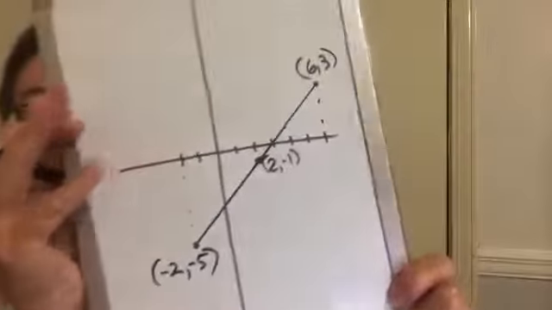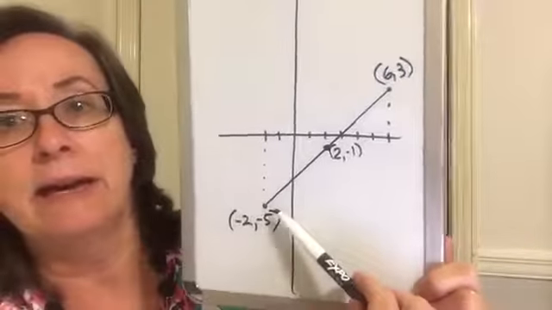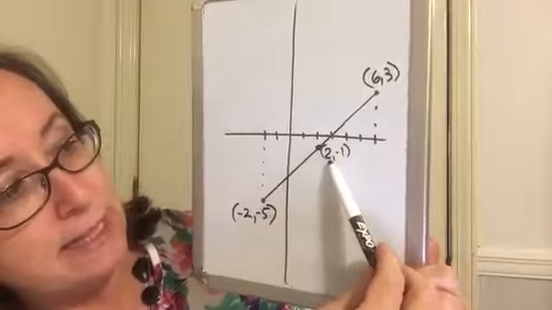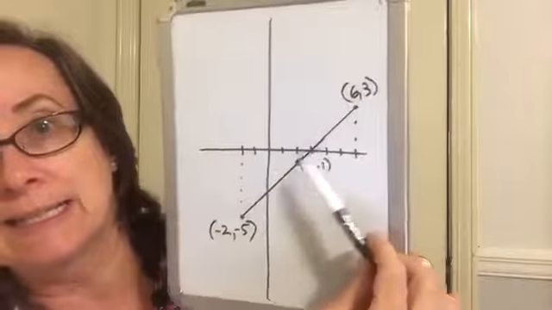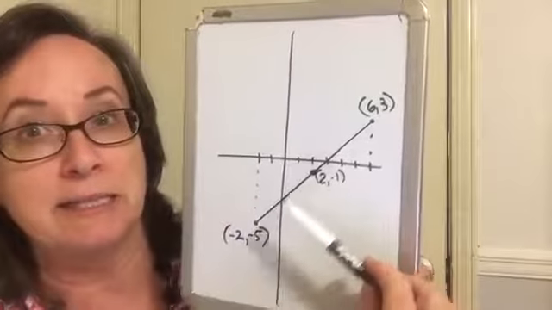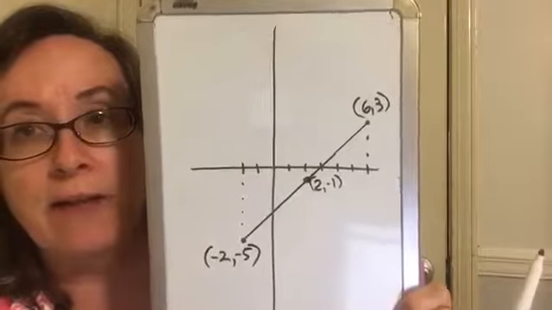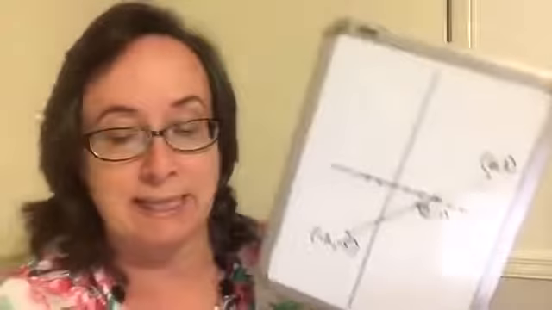Okay, so here I have graphed our points. These were our two endpoints here, and this point 2, -1 is exactly halfway. It is on the line segment, but it is halfway from one point to the other, and that's what a midpoint is.